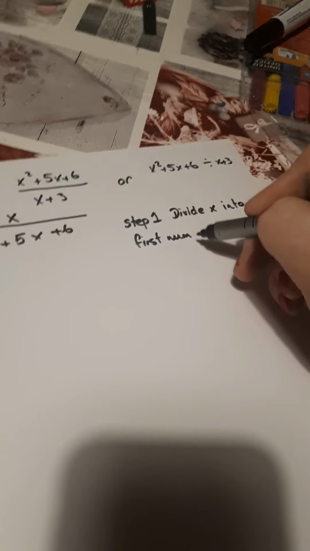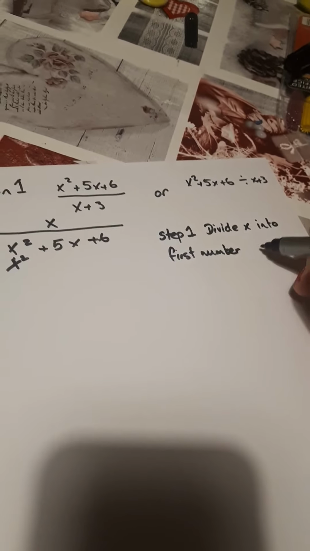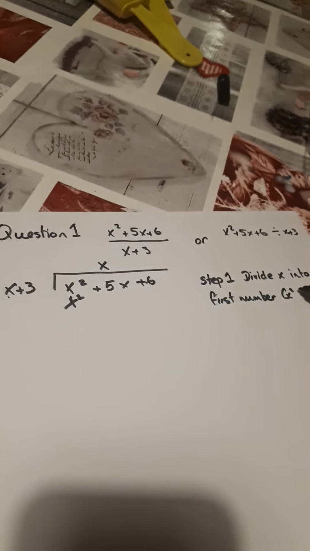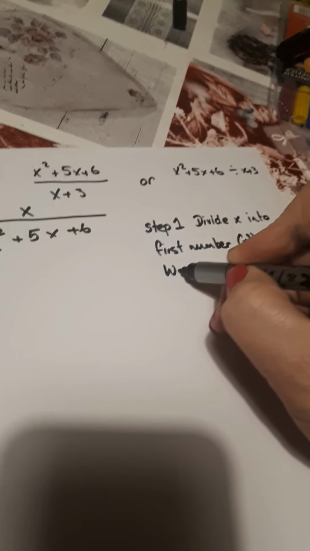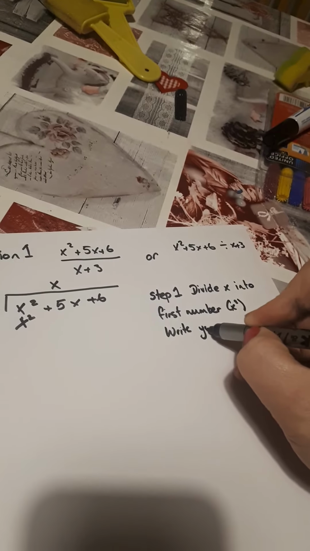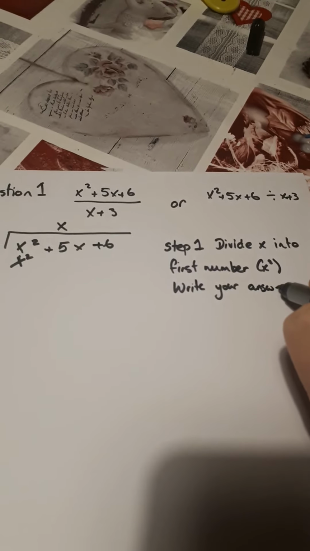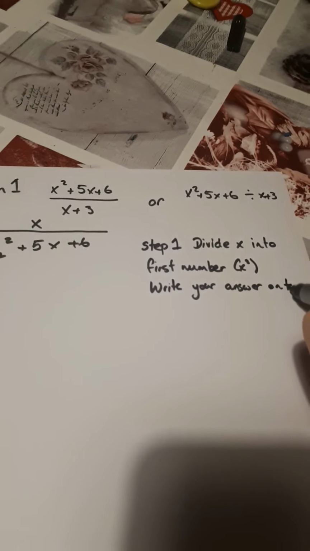Okay, so step 1, divide x into first number, which in this case is the x squared. Write your answer on top. Okay. Step 2.